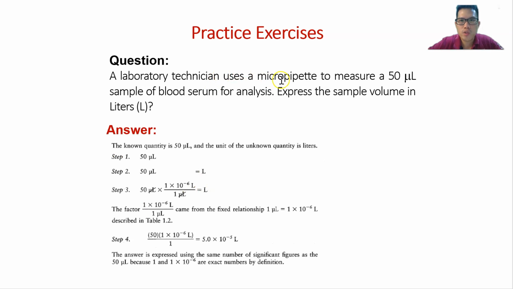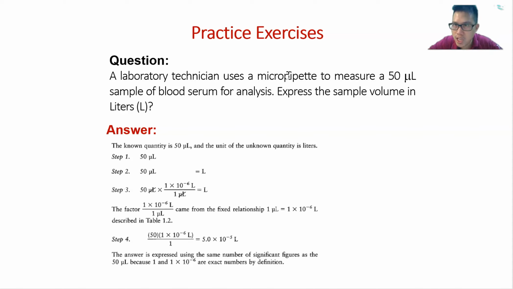A liquid transfer using a micropipette. Okay, so the micropipette is another skill that you will be learning when you're back in the lab. A micropipette is just a small pipette. The skill of using it, the theory is very simple. Just press, load, go to your substance and then press it down to unload. Very simple, the theory.